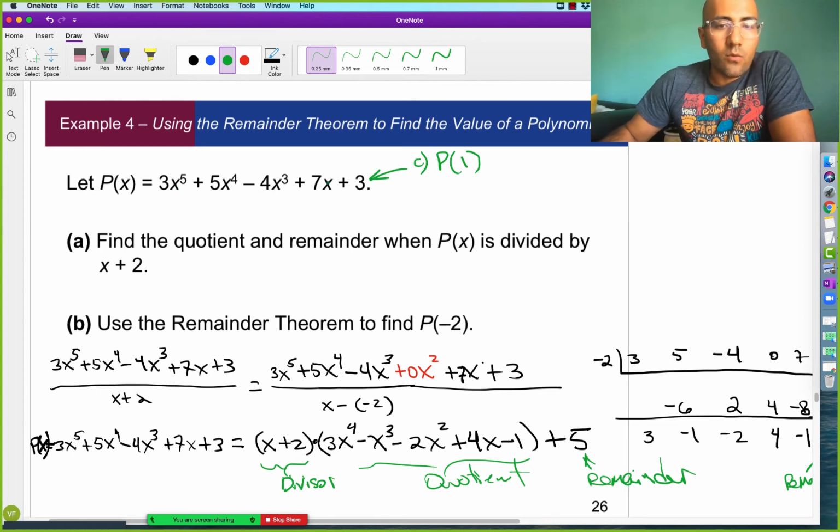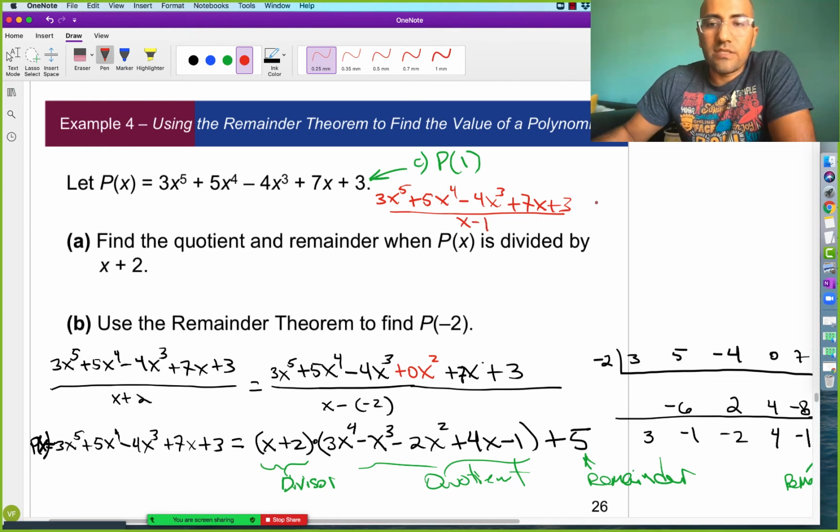Or what I could do, even though they didn't ask, is divide this polynomial, 3x to the 5th power plus 5x to the 4th minus 4x to the 3rd plus 7x plus 3, by x minus 1 using synthetic division, which is not that hard.